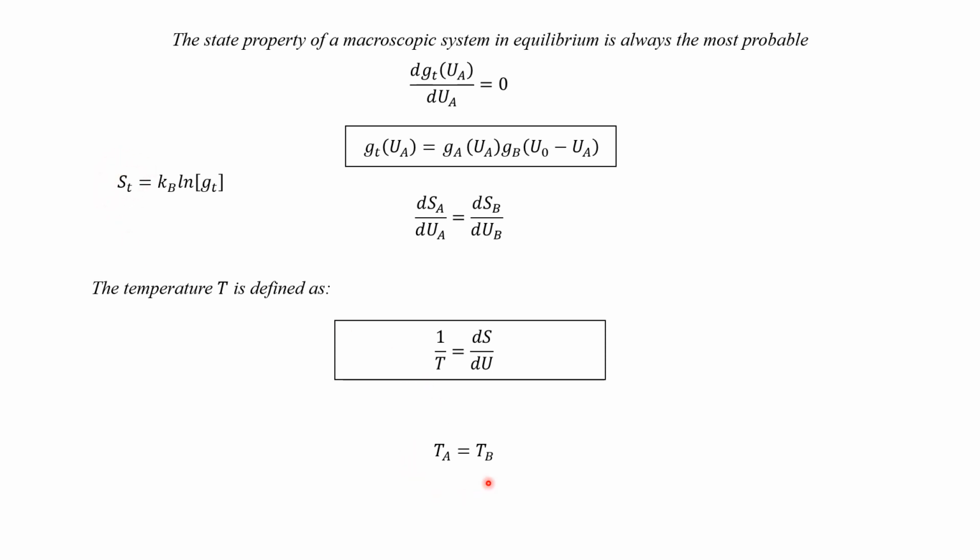So in this condition, the entropy of the total system is maximized. That's why we say that in equilibrium, the entropy is at a point of maximum, which is a consequence of the second law of thermodynamics.